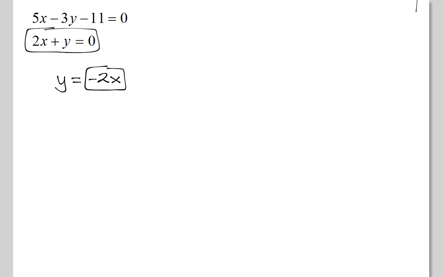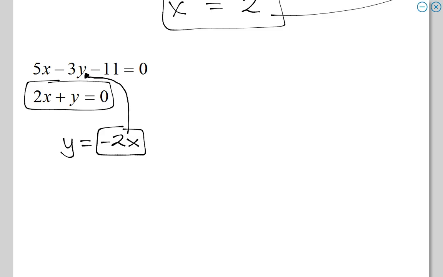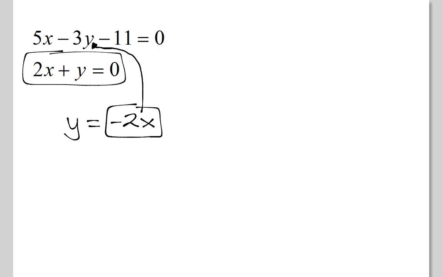You guys got that far, right? Now this expression for y, I'm going to substitute it right here. So I end up getting a 5x minus 3y, which is negative 2x, minus 11 is 0.